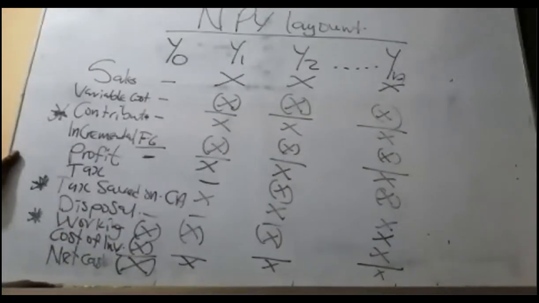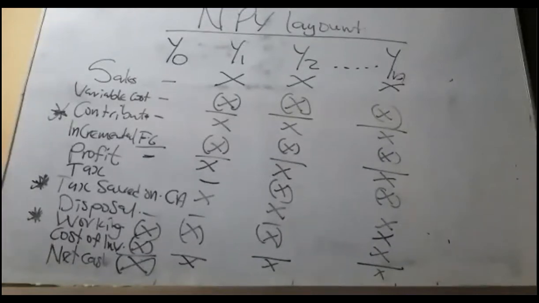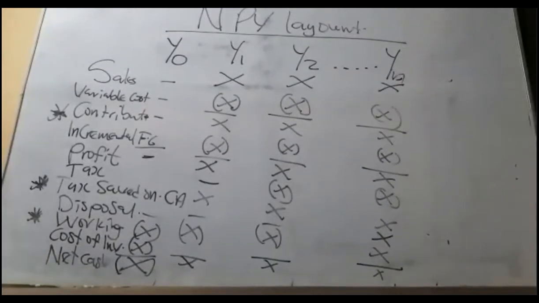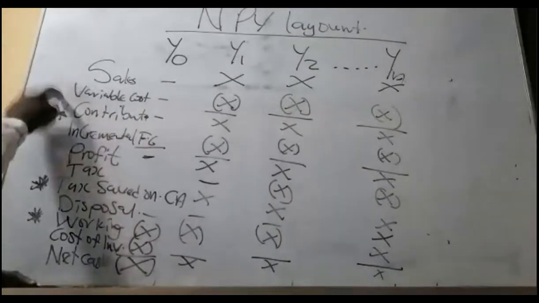Then what do we do? Then the discount factor continues. In fact, we are done with the formats of the NPV. Now I'll take my time and explain each and every item for their rules.